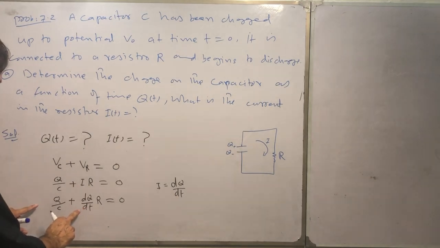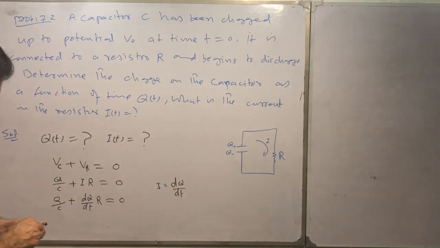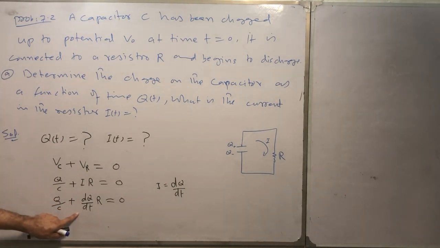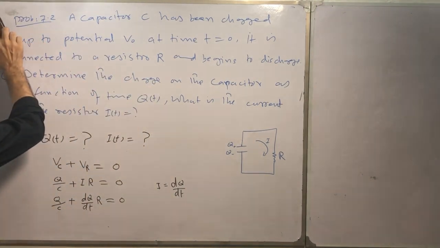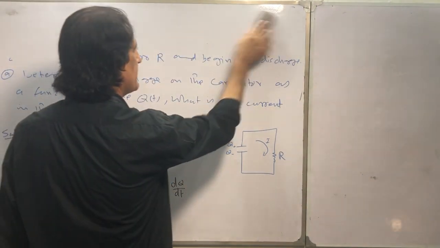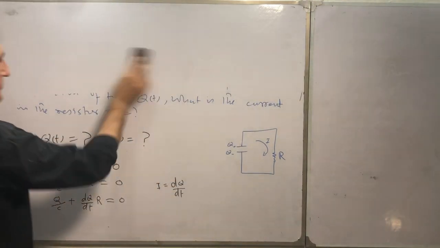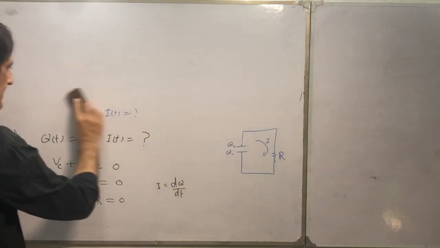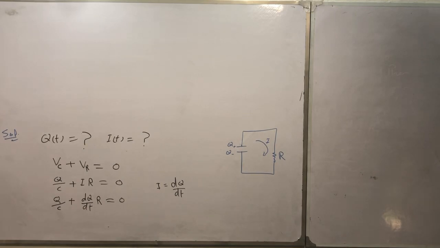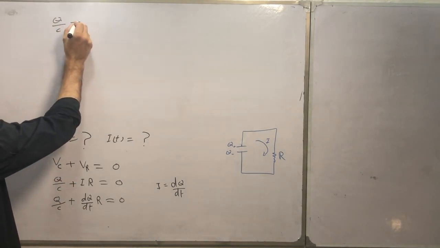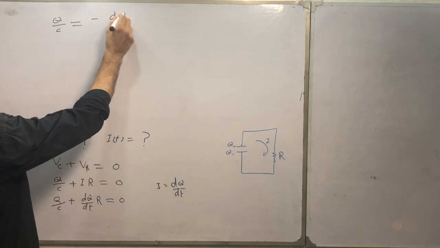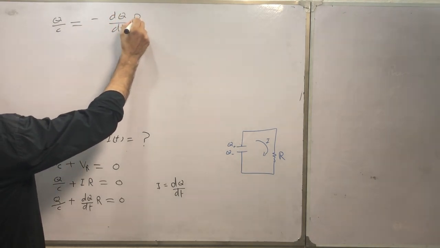Further, if we need to find q, we move this term to the right hand side. So q divided by c is equal to minus dq divided by dt times r.